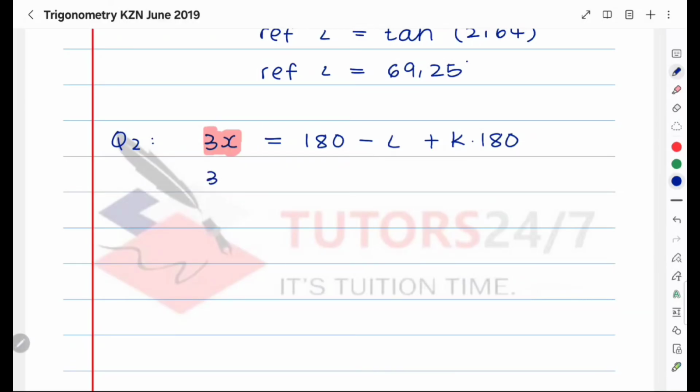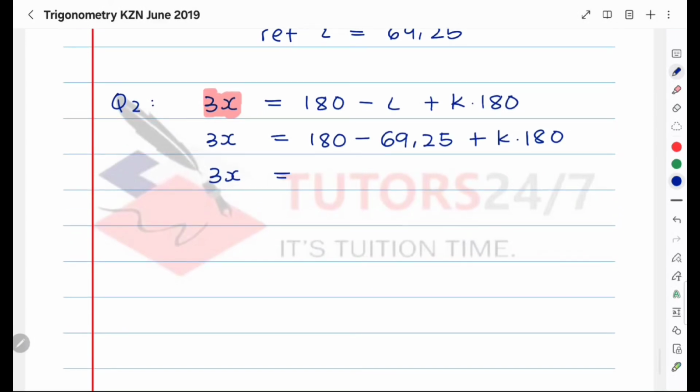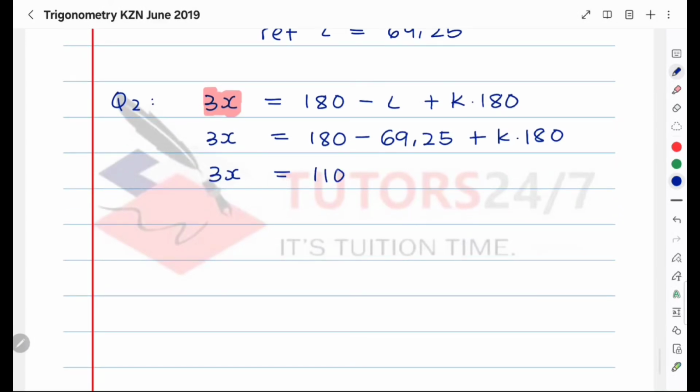Always remember that, it is important. So 3x is then going to be equal to 180 minus our reference angle of 69.25 plus k times 180. From here, we simplify the right-hand side, and that gives us 110.75 plus k times 180.